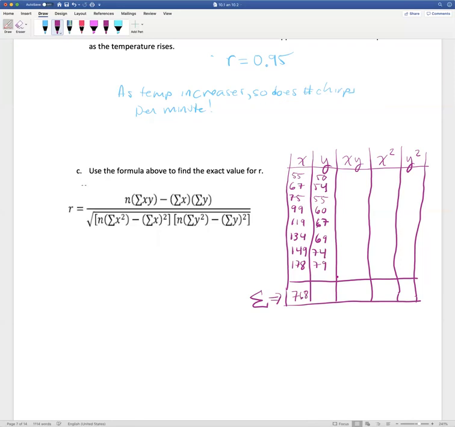When we add together those y values, 50, 54, 55, 60, 67, 69, 74, 79, we get 508.